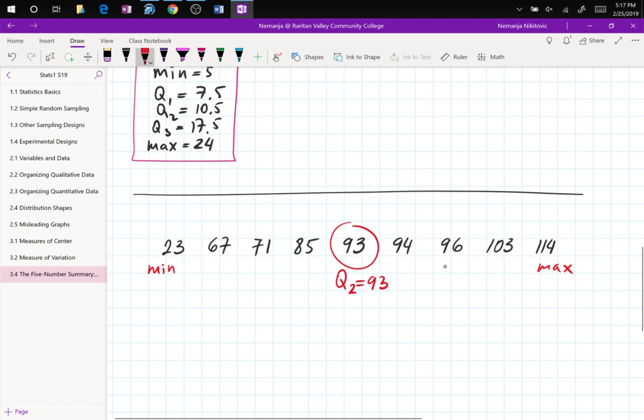Now, that 93 will belong to both halves of the data. So now you have 1, 2, 3, 4, 5, giving 71 as Q1. And then on the other side, 1, 2, 3, 4, 5, giving 96 as Q3.